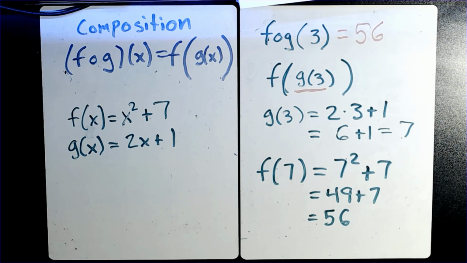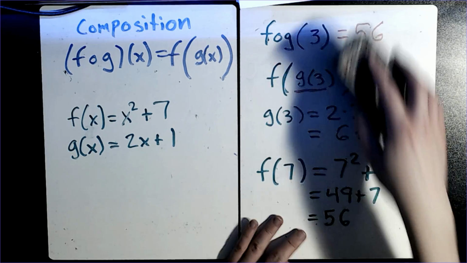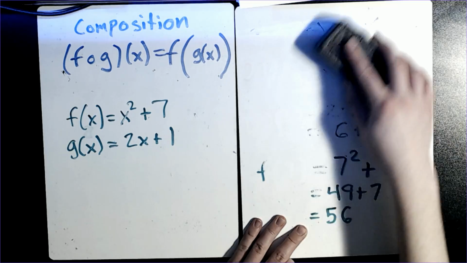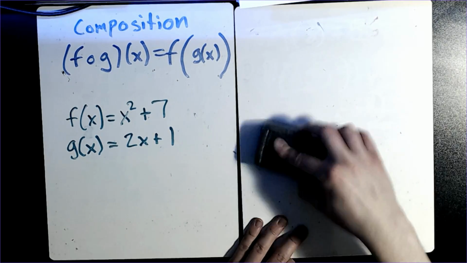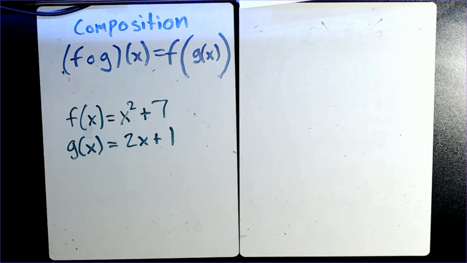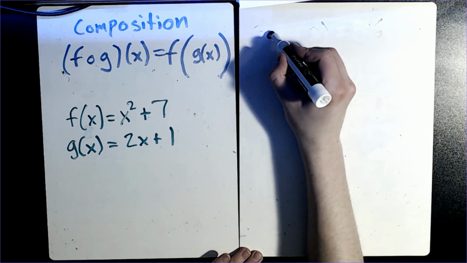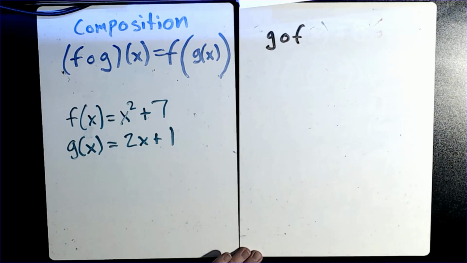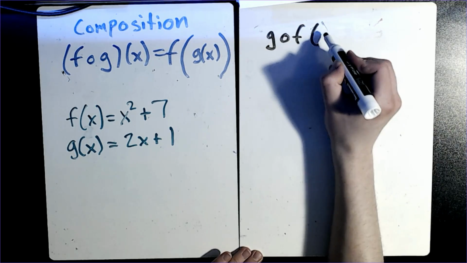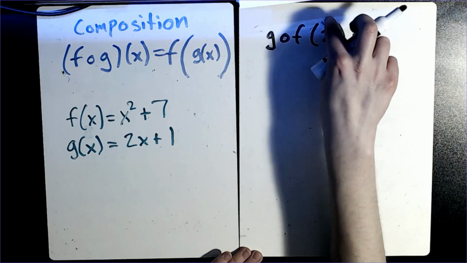Oh, maybe I have a board here somewhere. Oh, there's my eraser. Okay, I'm going to do one more. I'm going to do the same functions as before. Instead of doing f composed with g, let's do g composed with f. I'm going to do g composed with f at 2, we'll say.